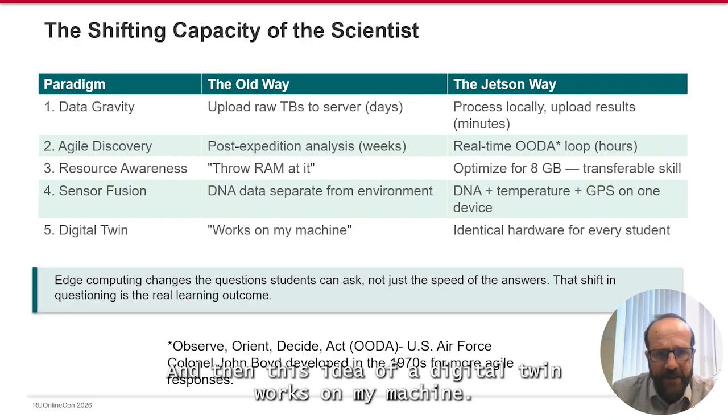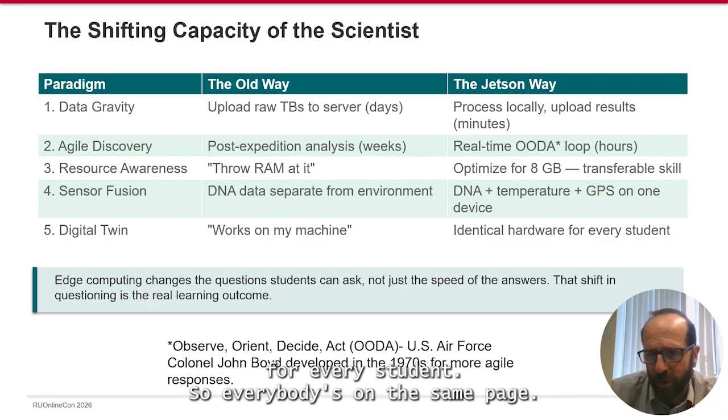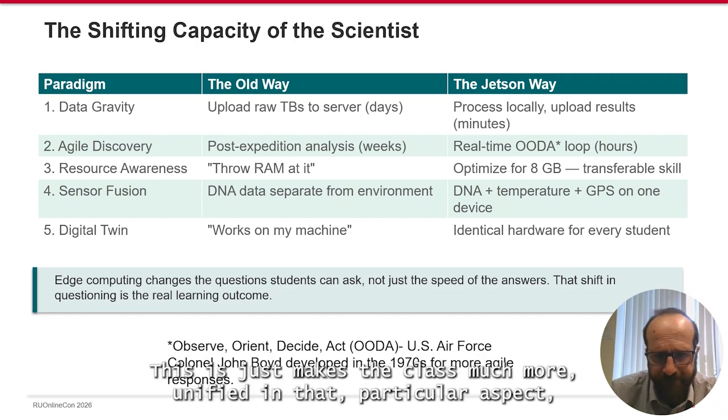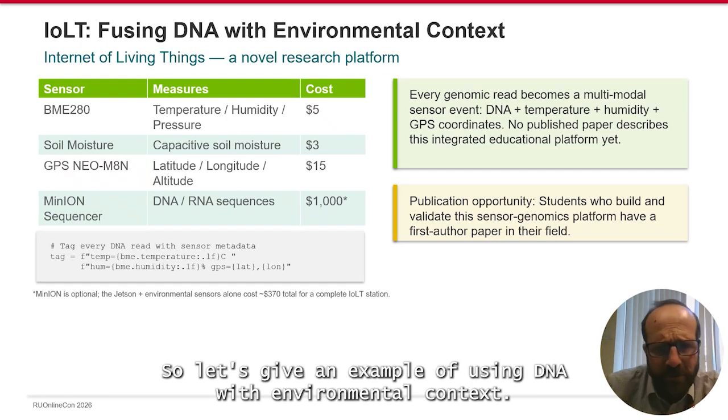And then this idea of a digital twin, works on my machine. Basically, the Jetson way would be identical hardware for every student, so everybody's on the same page. This makes the class much more unified in that particular aspect, especially when it's data intensive and computationally intensive.